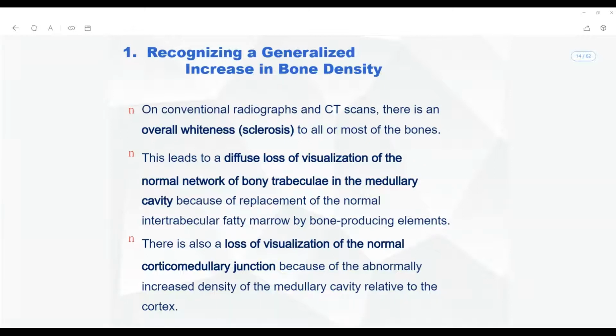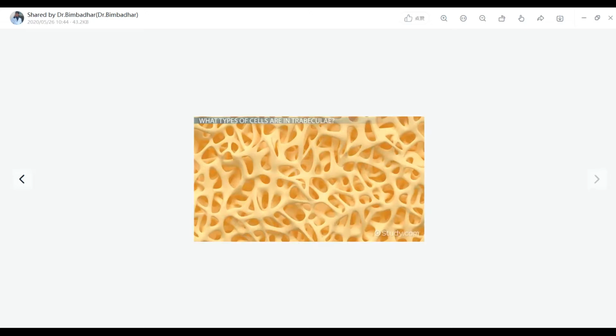Just look at it. Let me try to share it on the screen. Can everybody see it?